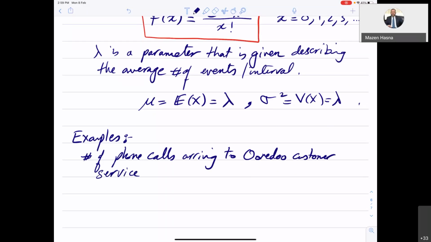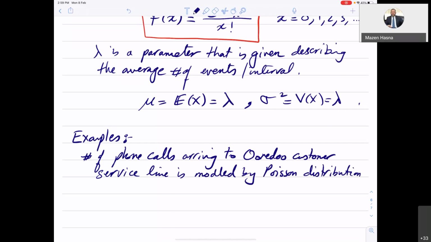So the number of phone calls arriving at the Ooredoo customer service line is modeled by a Poisson distribution with an average of, let's say, 100 calls per hour.